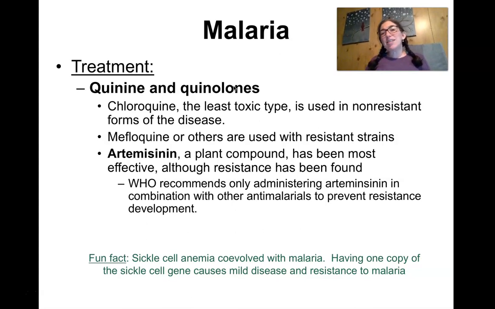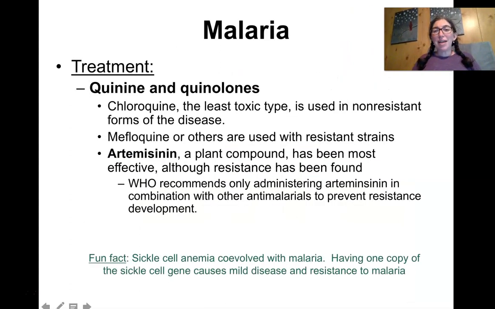Sickle cell disease is not adaptive, because they would probably have died before they reached breeding age, but having one copy of the sickle cell trait actually increased their survival because it made them more resistant to malaria. So sometimes diseases have benefits that we don't realize until we look at the big picture.